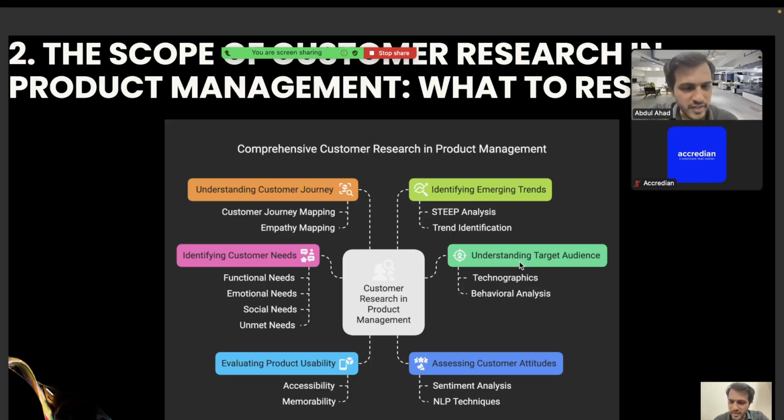We want to understand the attitudes of the customer. And then we want to evaluate the product's usability with respect to customer experience. We want to understand the customer's needs, like functional needs, emotional needs, social needs, and unmet needs. We spoke about this earlier. So we want to learn these needs, and accordingly we can unravel what's working, what's not working, which needs are taken care of, which needs are not taken care of.